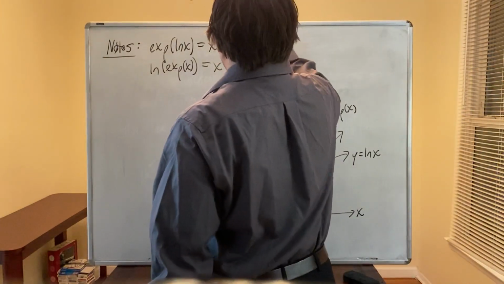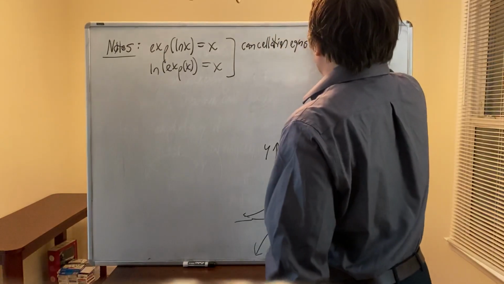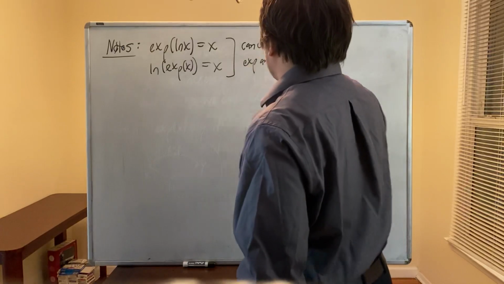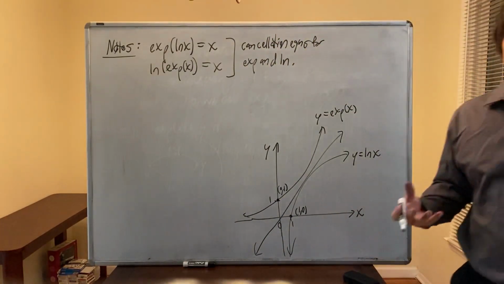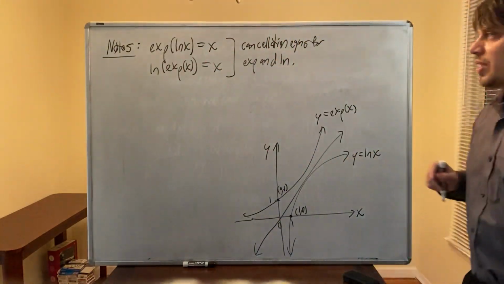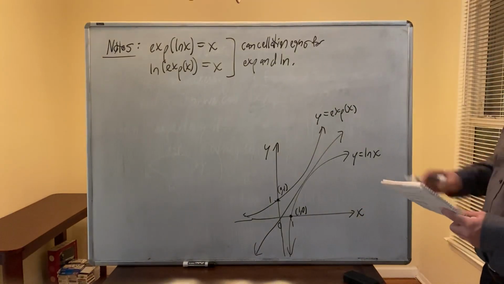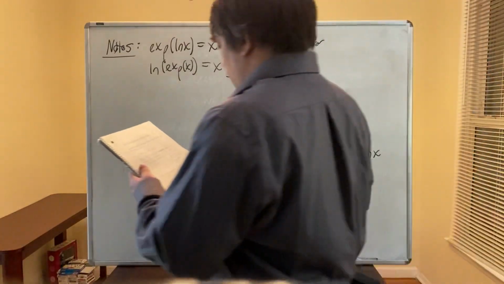The cancellation equations just say if you compose a function with its inverse, you get the identity. So those are the cancellation equations for exp and ln as inverse functions of each other.